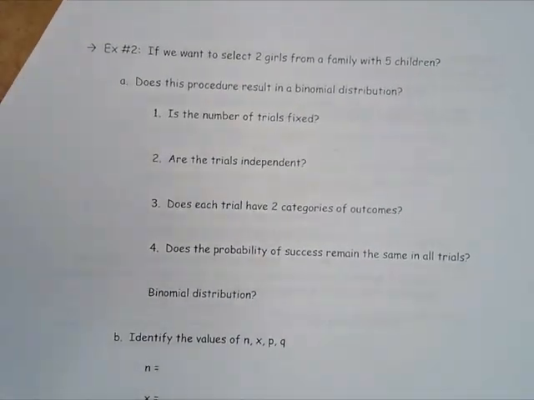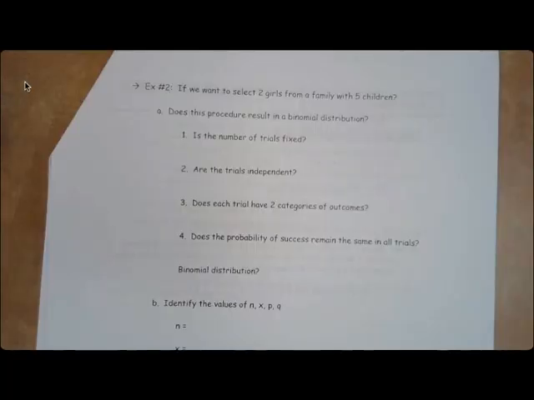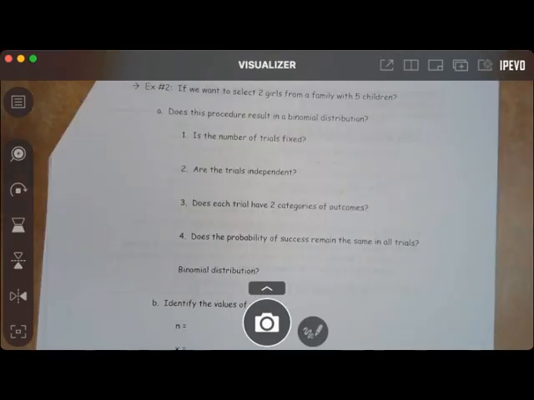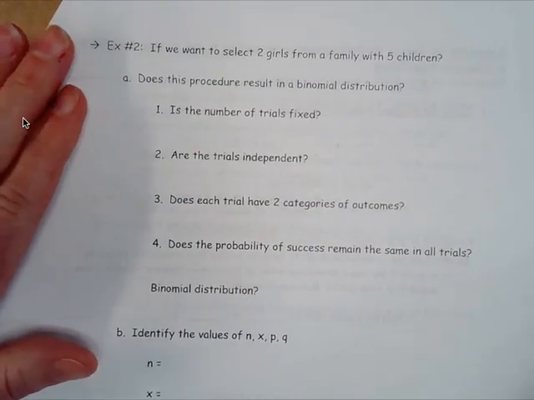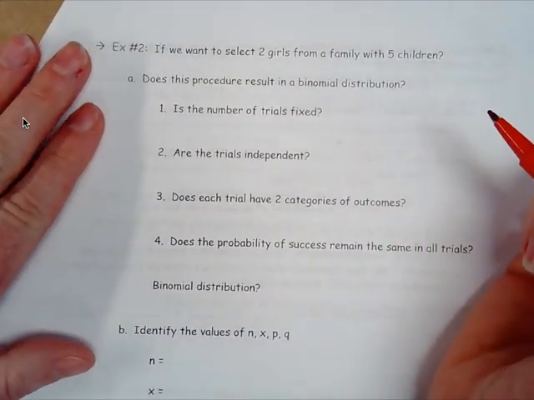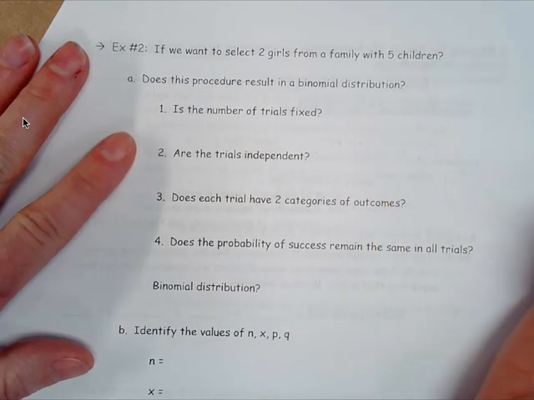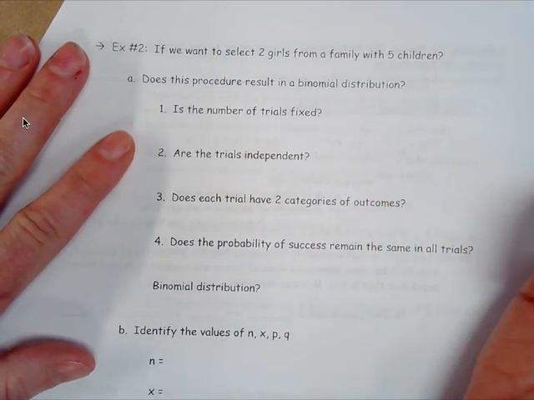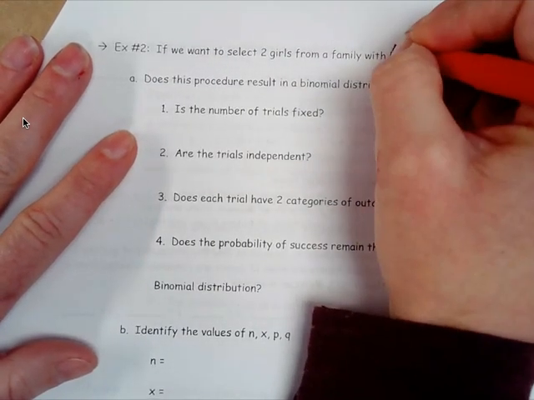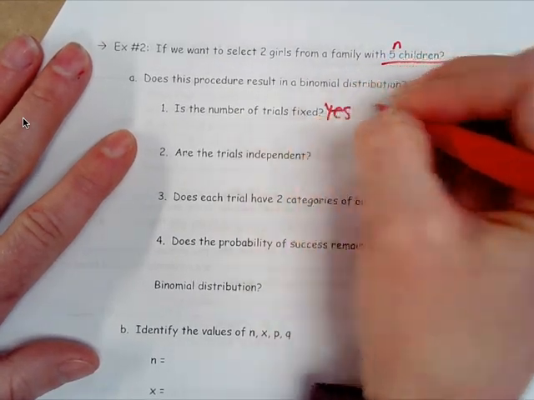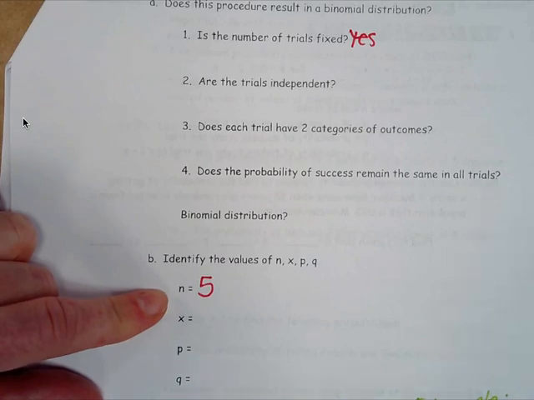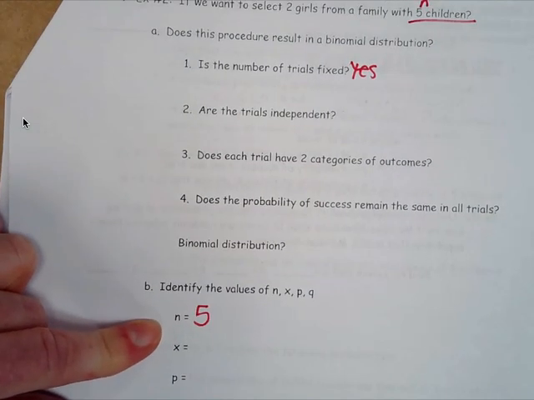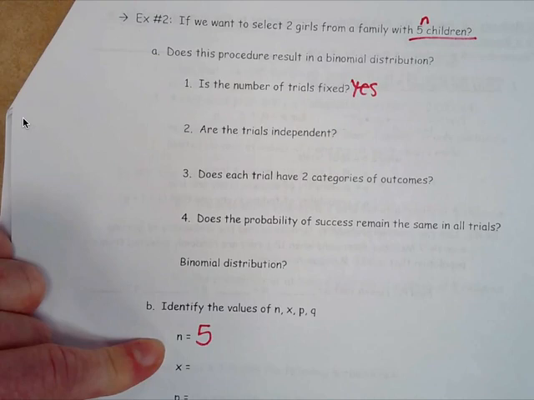Okay, let's go to the next example. If we want to select 2 girls from a family of 5 children, let's look and see, is this a binomial distribution? Are the trials fixed? How many trials are there? Yeah, 5. Are the trials independent?